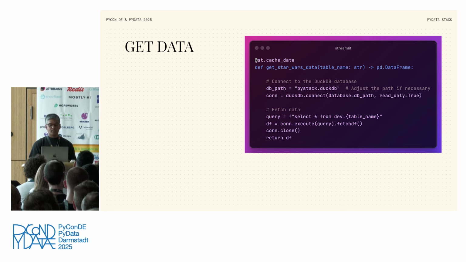I've used this cache data decorator because by default, Streamlit reloads all of the data on every single event. With small data sets, not a problem, but with large data sets, it can lead to really slow response times.